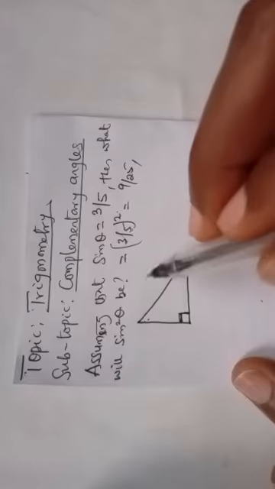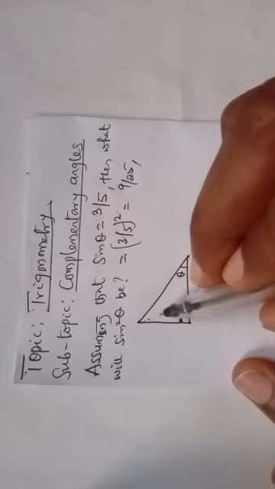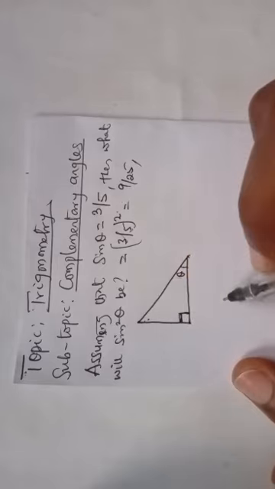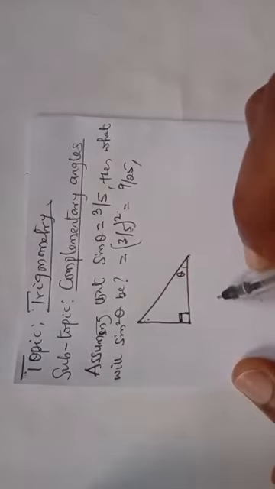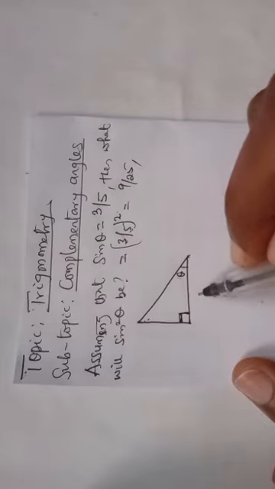Now, if here is theta, what will here be? It's more like saying that the sum of the ages of two siblings or two friends is, let's say, 80. Let's assume one person is 30 years.